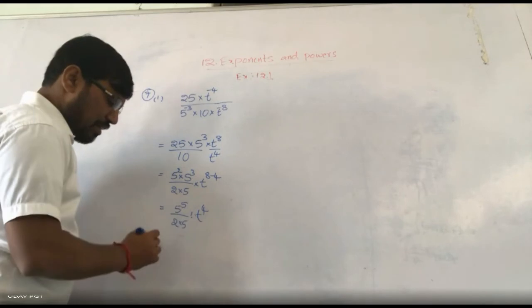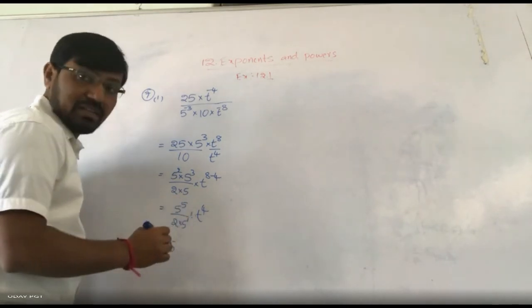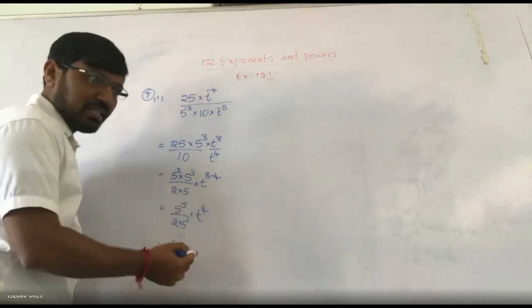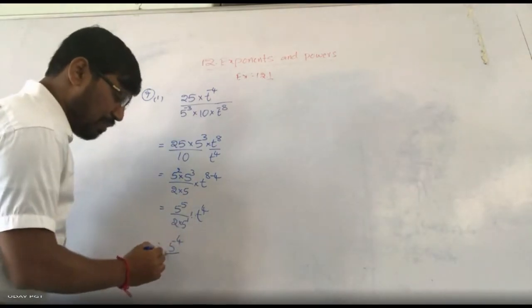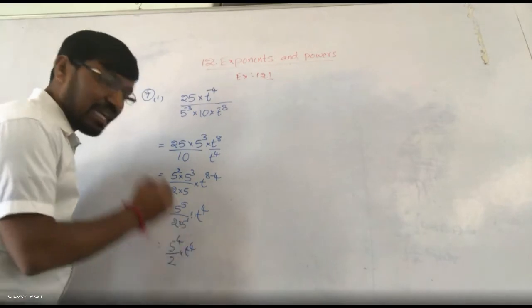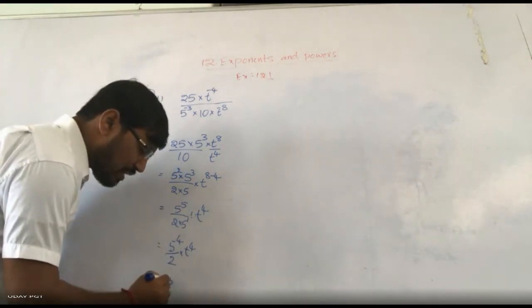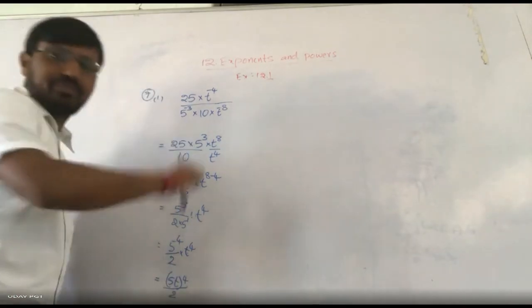Subtracting, 5 power 5 minus 1 gives 5 power 4, divided by 2 into t power 4. These two have the same powers, so you can write it in the simplest way as (5t) whole power 4 divided by 2.